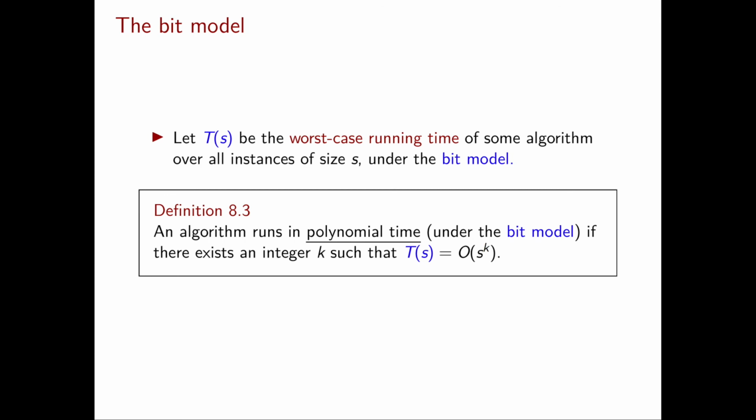On the other hand, under the arithmetic model, the running time is just a function of the number of numbers in input. For example, for the linear programming problem, in the arithmetic model we measure the running time as a function of n and m only, and not as a function of the size. On the other hand, the size is a function of n and m, but it is also a function of the magnitude of the numbers in input.